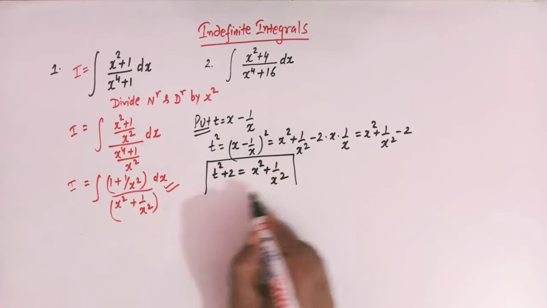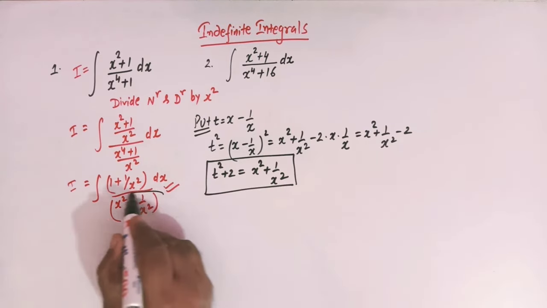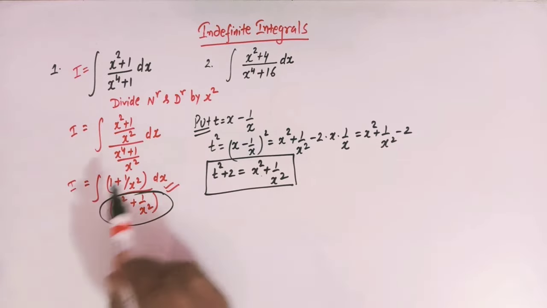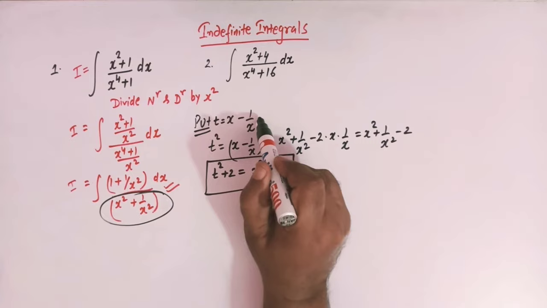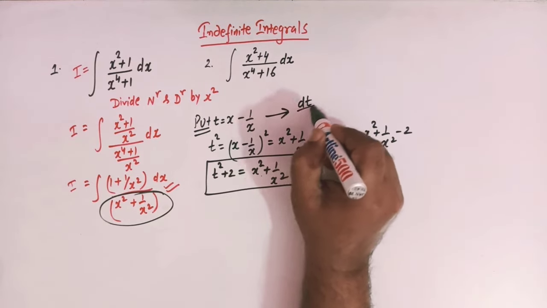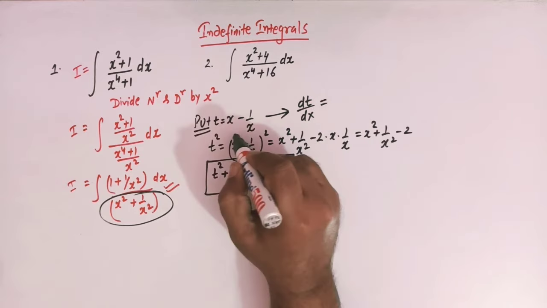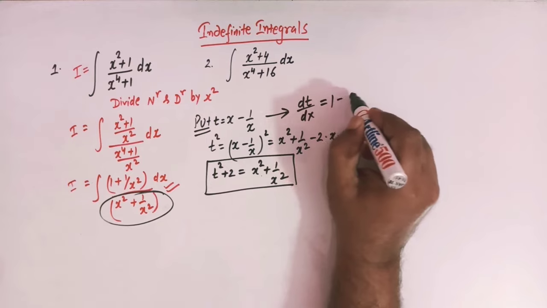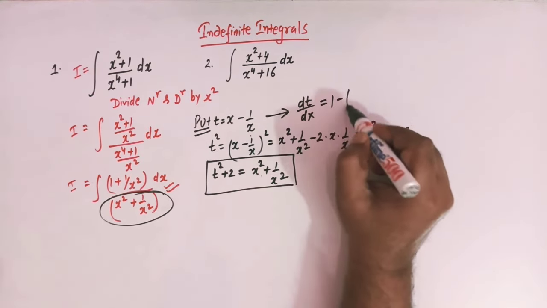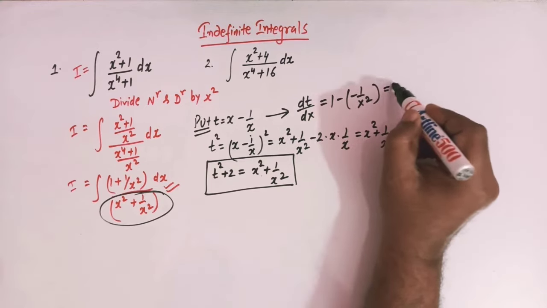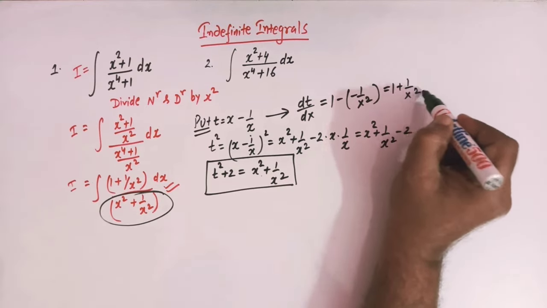So for this term we have t square plus 2, and now let us differentiate. If we take dt over dx, the derivative of x is 1 and the derivative of 1 over x is minus 1 over x square, so this is 1 plus 1 over x square.